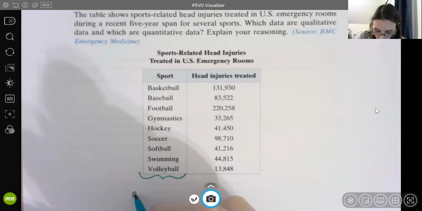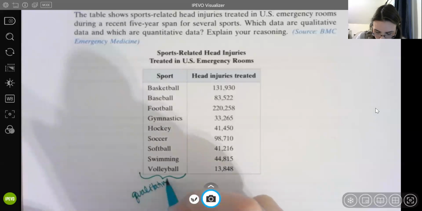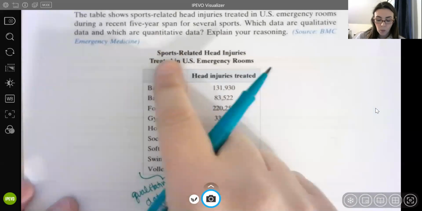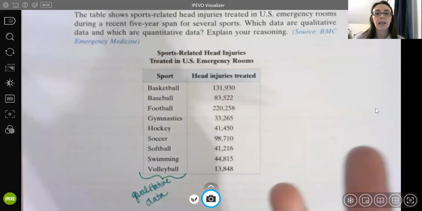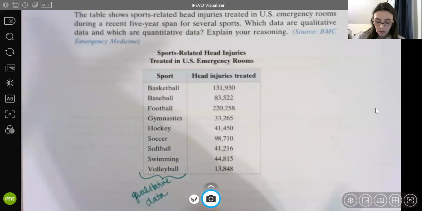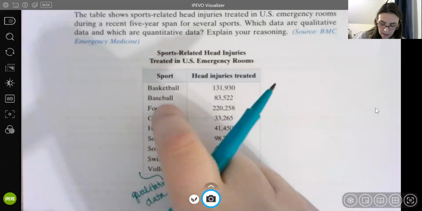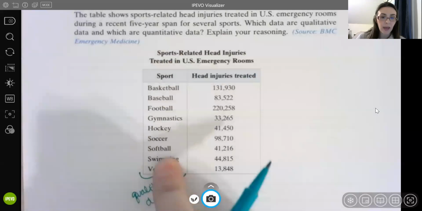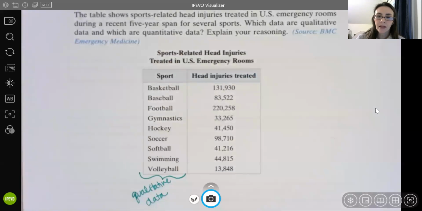This would be qualitative data. Right? The different types of sports. So we could ask a question like, well, which types of sports do we usually see having head injuries? Well, here are 1, 2, 3, 4, 5, 6, 7, 8, 9 different sports that have quite a few head injuries that get people sent to the ER.